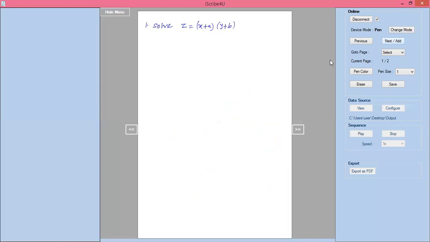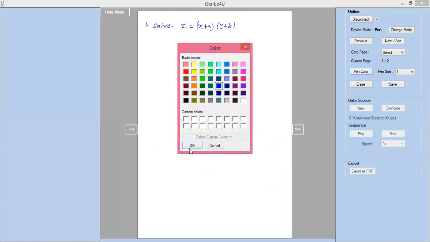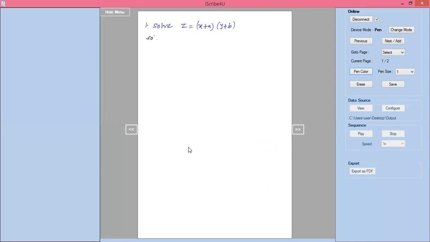Here, z is the dependent variable, and x and y are independent variables. a comma b are arbitrary constants.